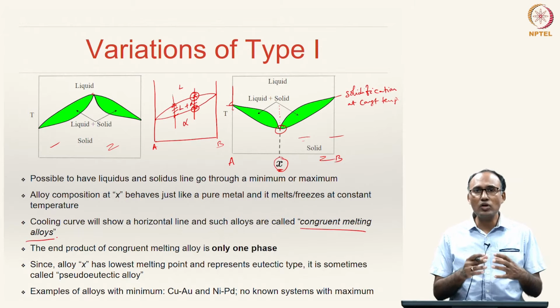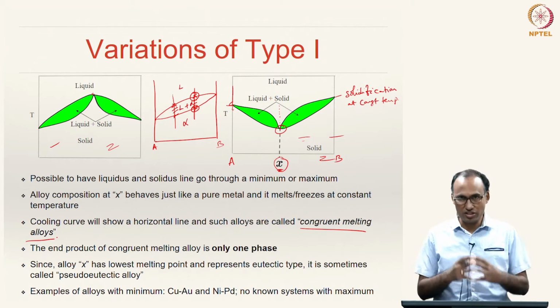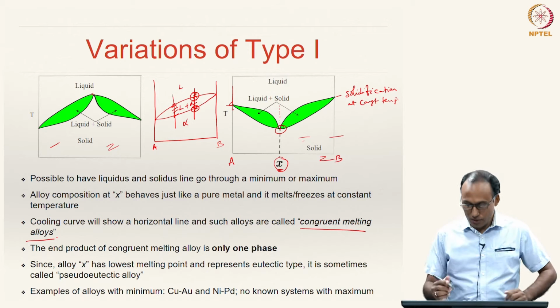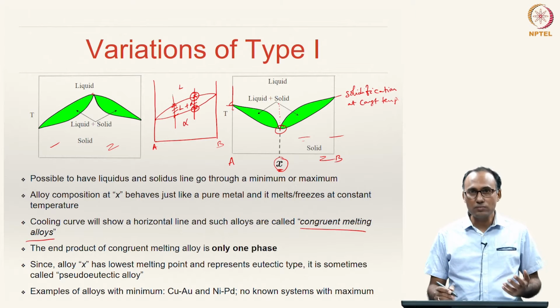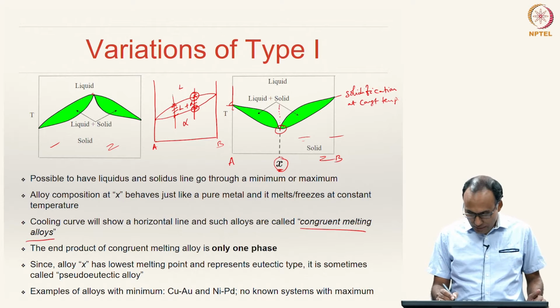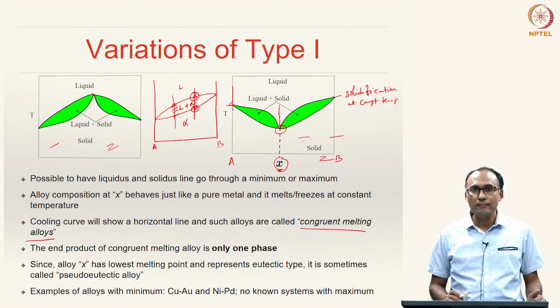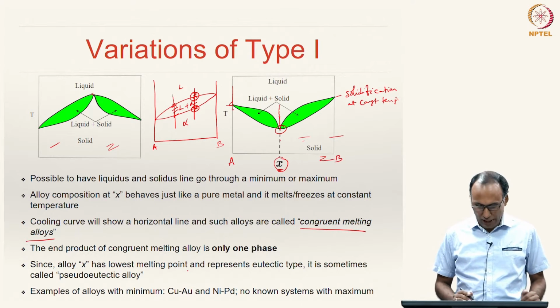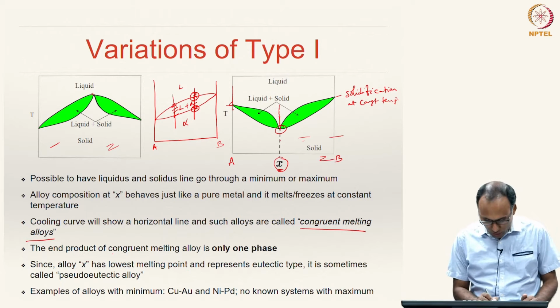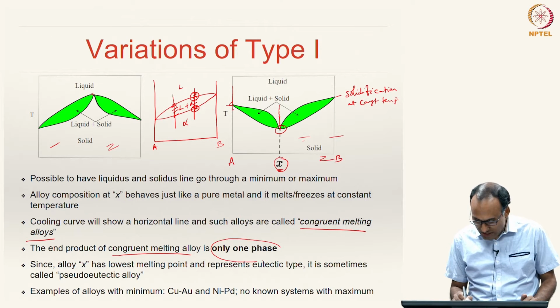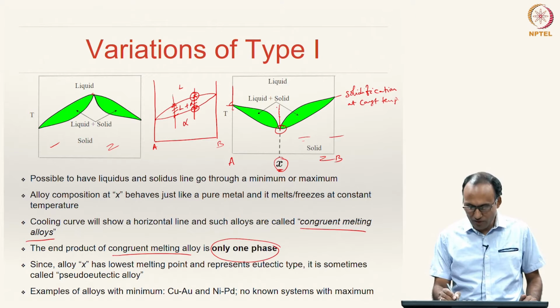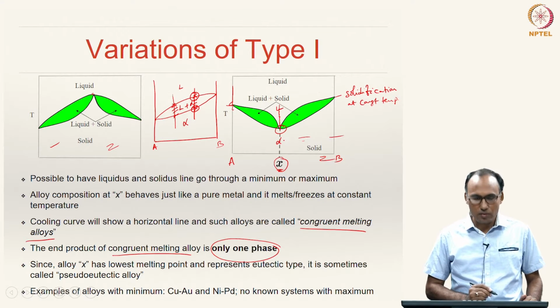That means the solidification happens for these materials at constant temperature, and the composition of the alloy in the liquid state as well as in the solid state after the transformation will not change. So, the end product of a congruent melting alloy is only a single phase alloy. So, here you have liquid phase and it transformed to solid phase, right.